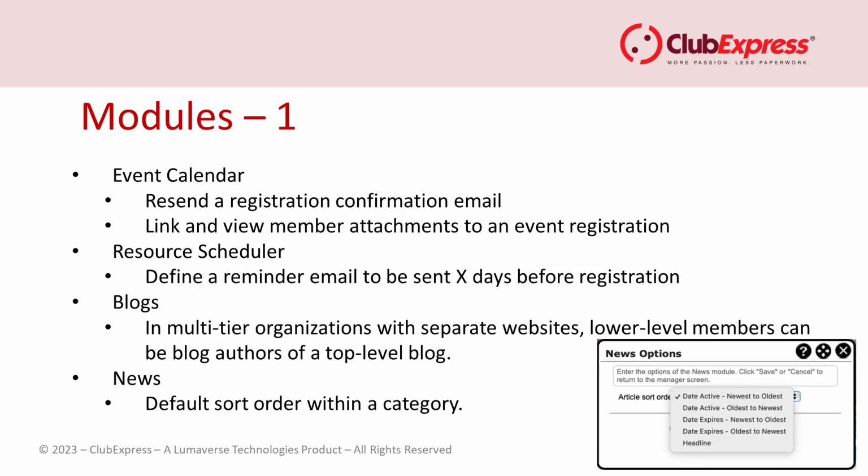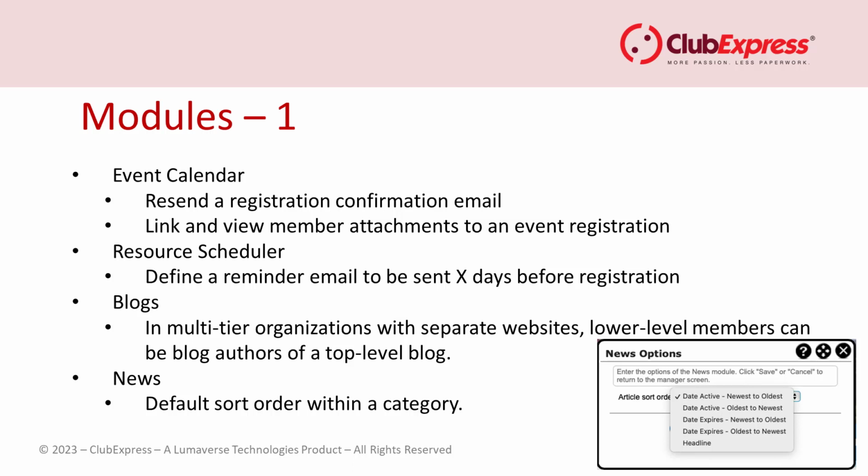People join at the bottom level, but they can also log in at the top level, and we have these really cool features called content syndication that we talked about in our last release. The idea here is that lower level members can be blog authors of a blog at the top level. And that was something we didn't originally support, but we've now added that feature.